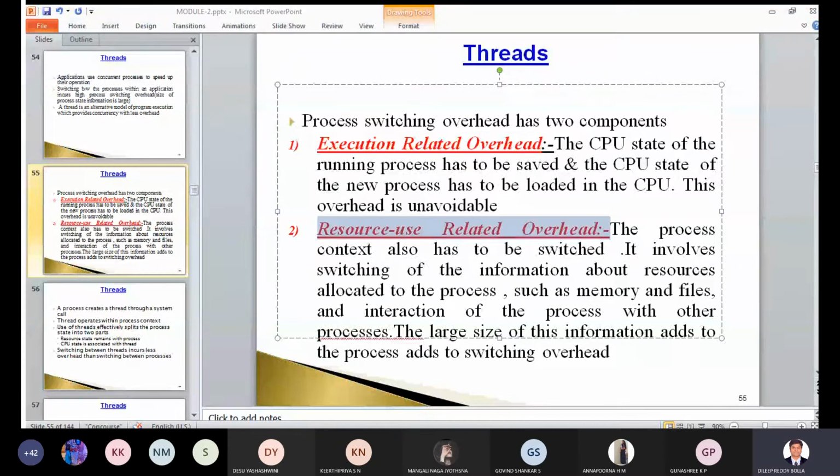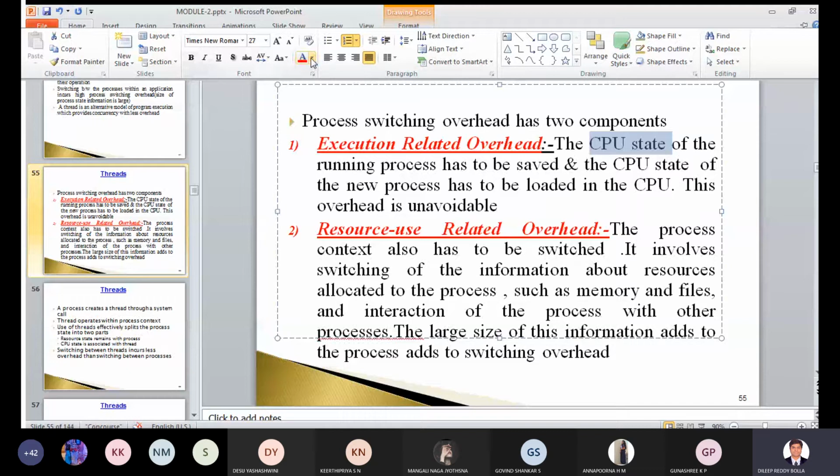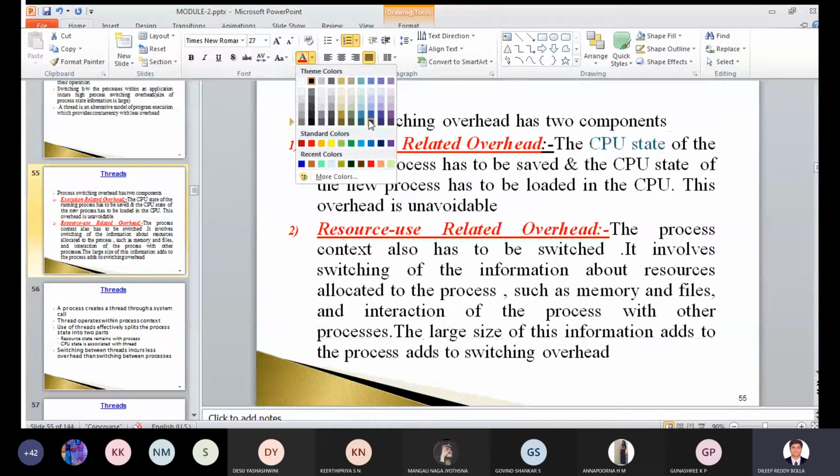So execution overhead means whenever you are trying to move the data from one place to another, or you are executing a program, you need to carry the CPU state also. The CPU state we have here has to be carried.